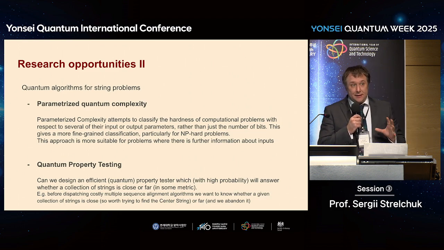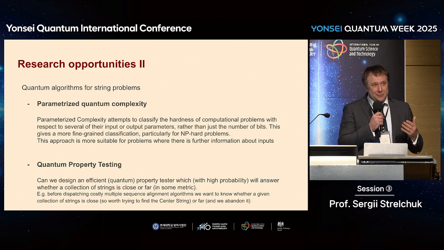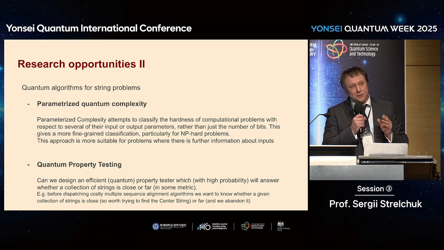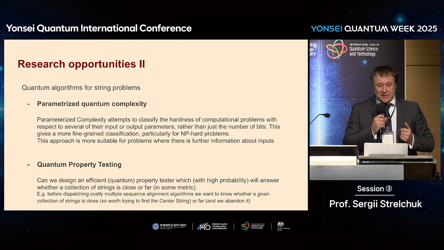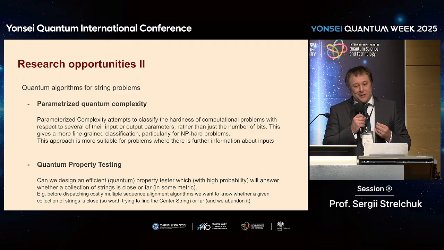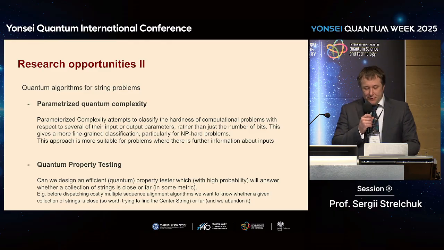People have only very recently started to make some inroads into quantum parameterized complexity, and quantum property testing has been around for a while, but it hasn't been well developed in the case of string problems.